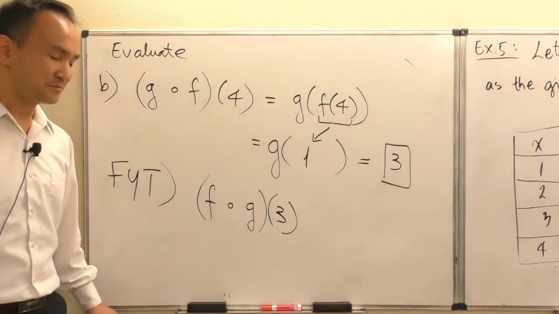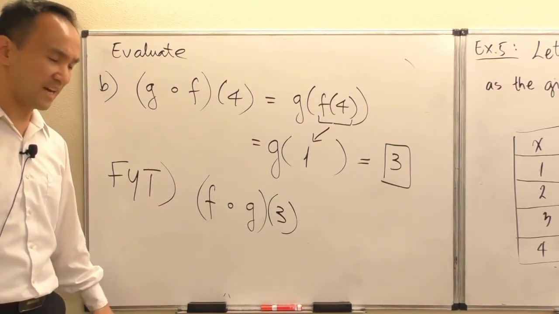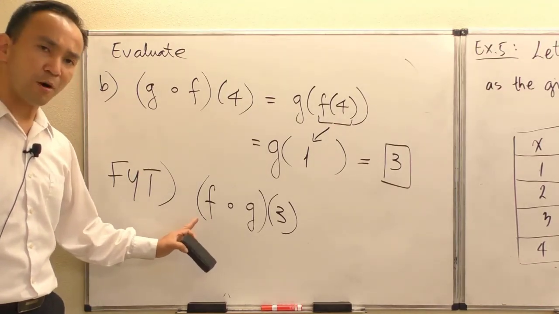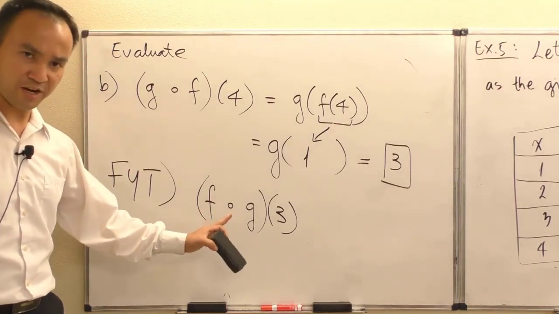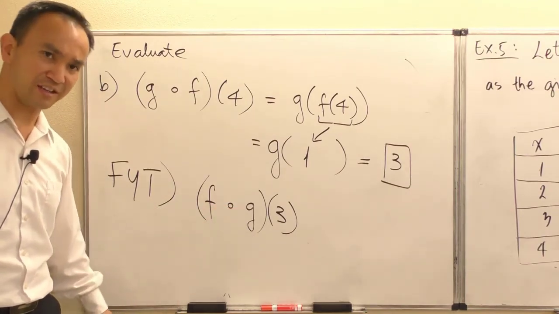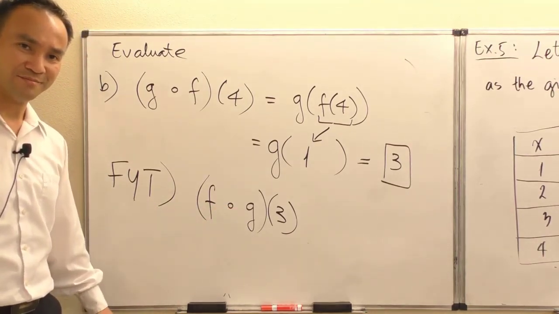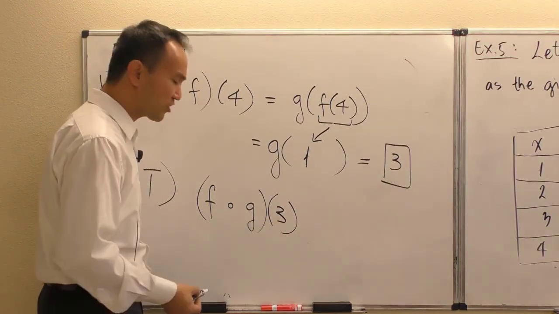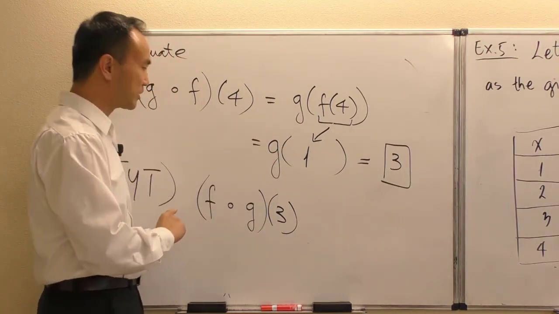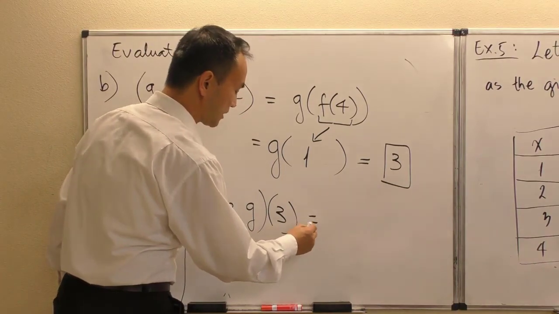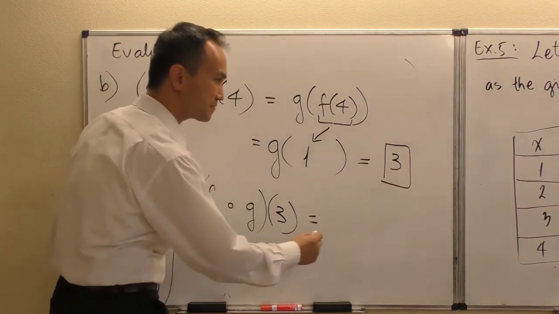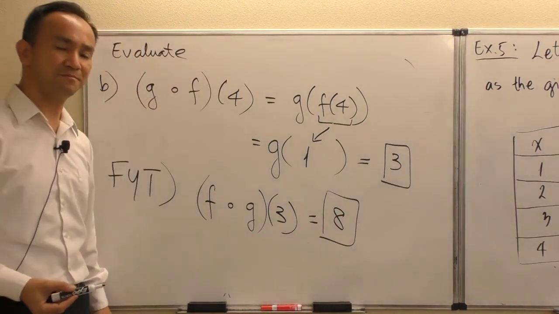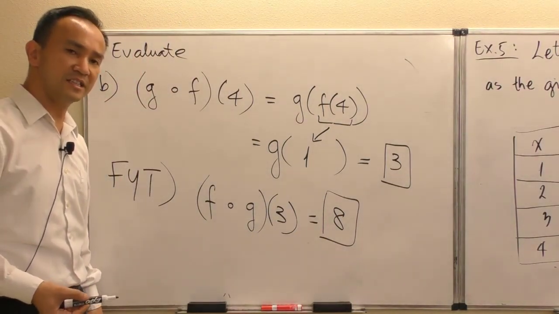Go ahead and spend some time doing that. You can always pause the video, and once you're ready to resume, I'll jump in and give my final answer. I'm going to leave the explanations out because you have seen all the steps already. The final answer for this is going to be 8. That is how we get it done.